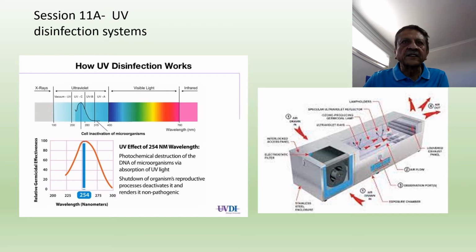At this radiation, through the photochemical destruction of DNA of microorganisms and of course single animal cells via absorption of UV light, the shutdown of organisms' reproductive processes deactivates it and renders it non-pathogenic.